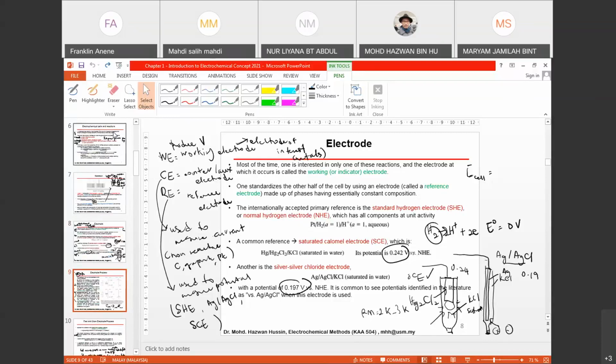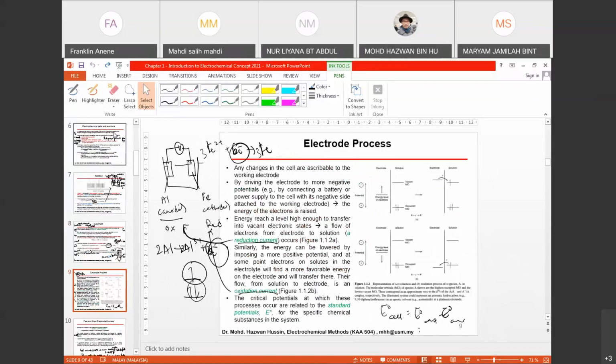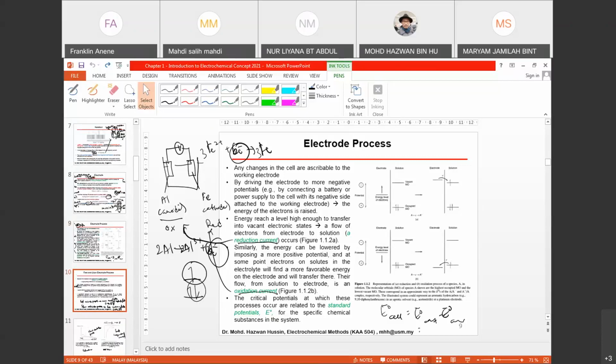Okay. Right. We also looked into the electrode process. How does the electron transfer, electron donation occur, and other things? These basically have a relation to redox, which in this case is the oxidation and reduction process.